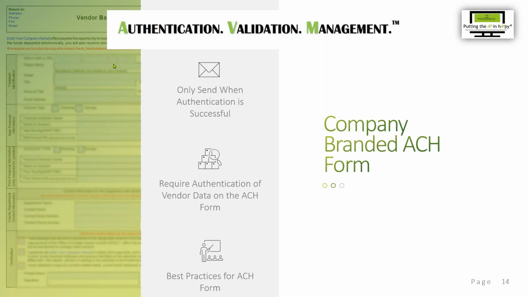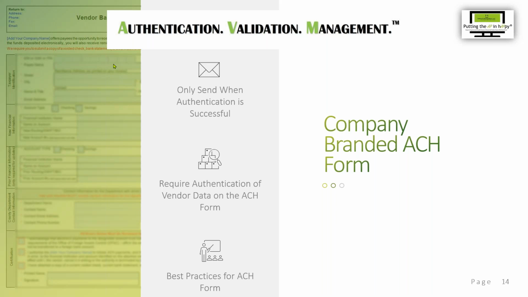So only send the form to those that authenticate, because you don't want a cyber criminal trying to gather information for this form. Now, I do recommend that on the form you require, for a bank change, existing bank details or the last 3 payments with deposit dates and amounts.